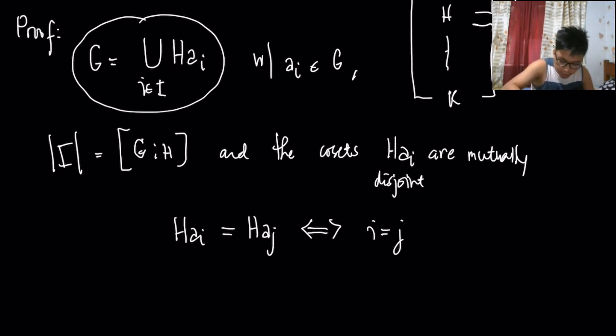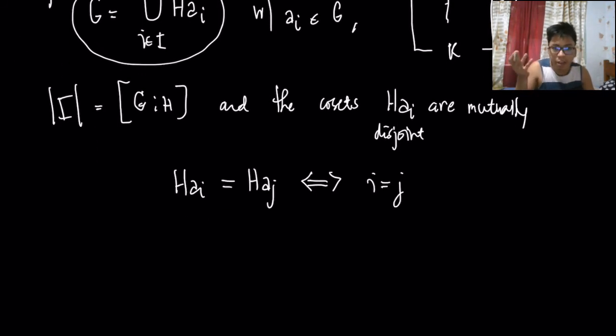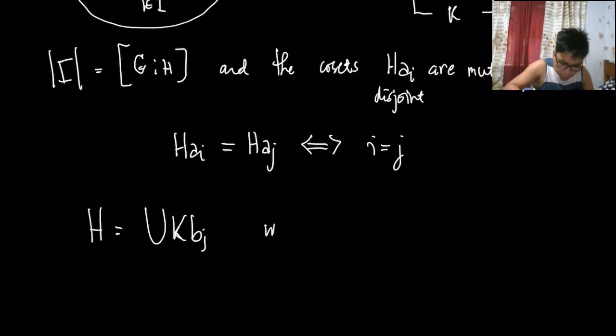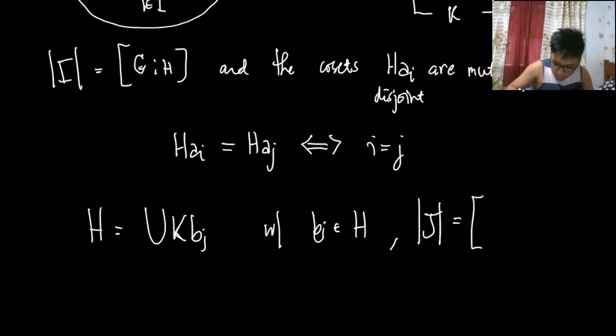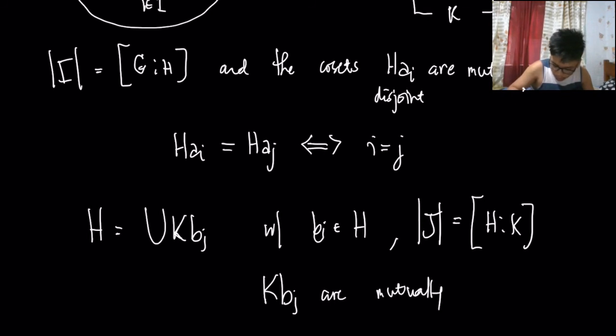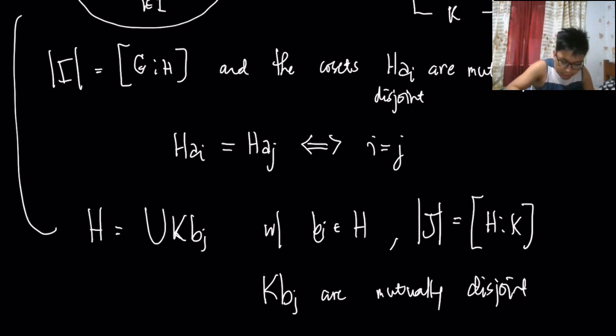The same similar argument applies to H equals the union of K b_j with b_j in H, where the number of indices is the index of K in H, and the cosets K b_j are mutually disjoint. That's the same argument we presented here.